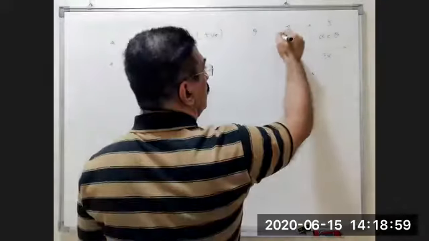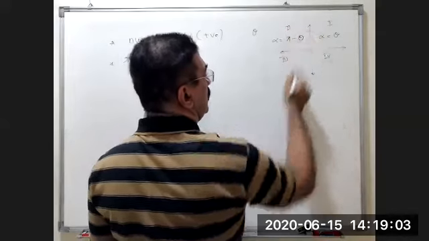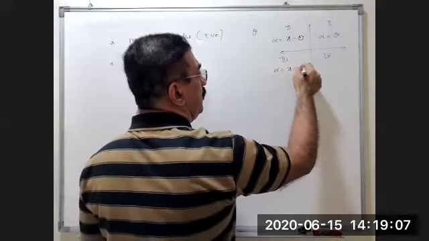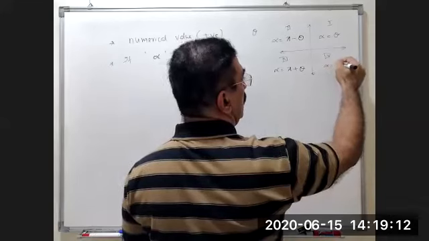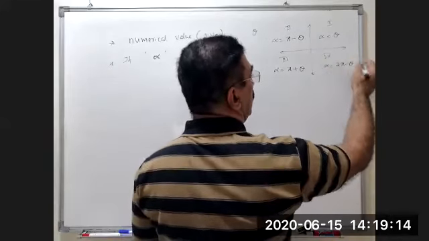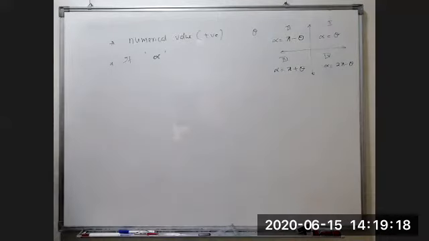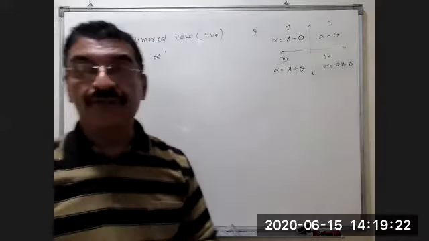If it is in quadrant 2, then our principal solution alpha will be pi minus theta. In the third quadrant, this will be pi plus theta. In the fourth quadrant, alpha will be 2 pi minus theta. This is the table.